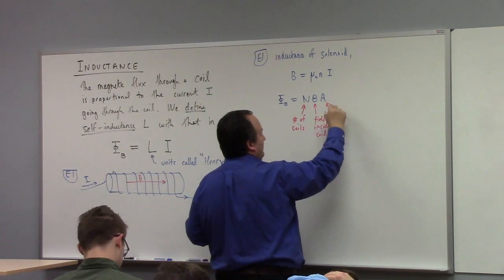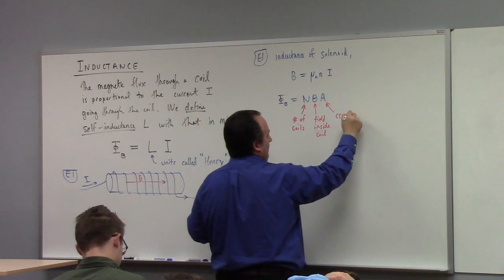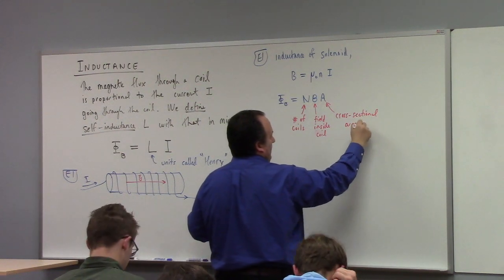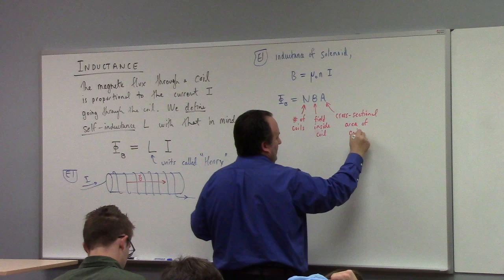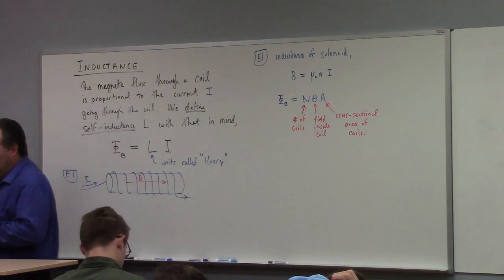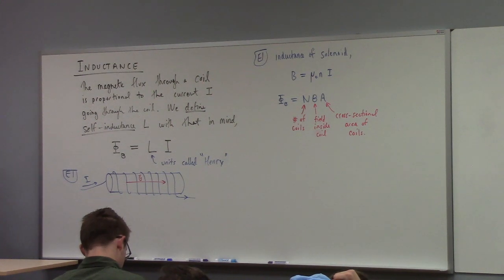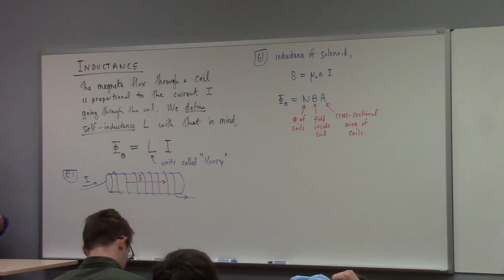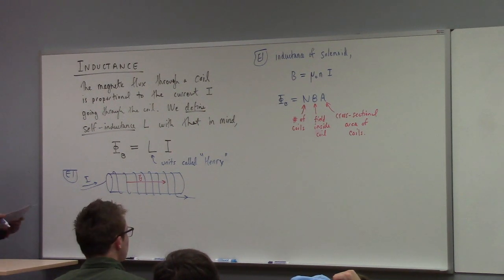And A is the cross-sectional area of the coil. So we're assuming, of course, the very nice case that the solenoid is nice and long compared to its radius, so the magnetic field is essentially constant. We make that assumption here for the sake of simplicity.